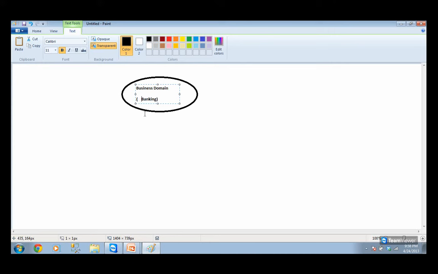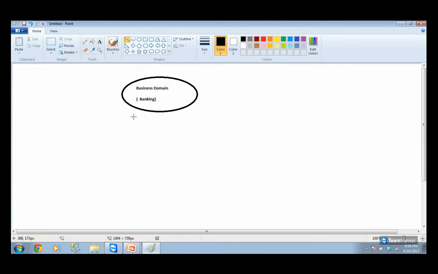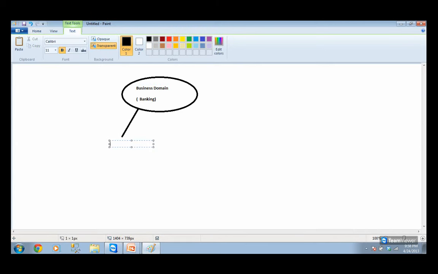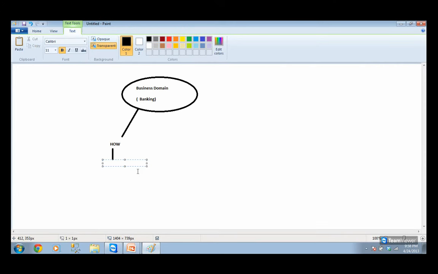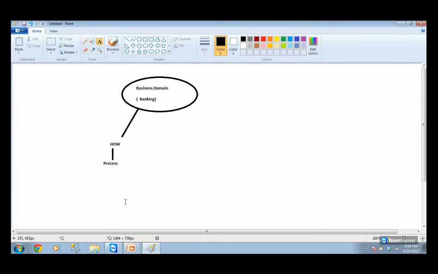Now we're talking about banking, right? You can go to any bank and ask, sir, how do I open an account in your bank? When you say how, the banker would explain what is known as a process.